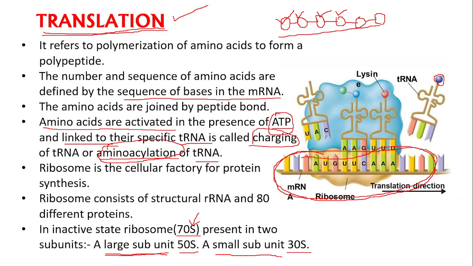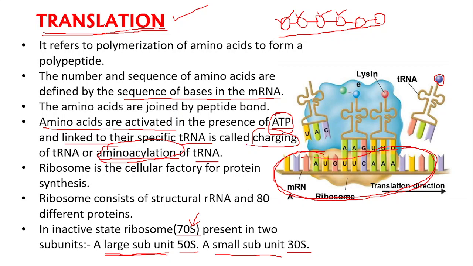Translation takes place inside the cytoplasm of the cell. During translation, in the first step, aminoacylation of tRNA will take place.